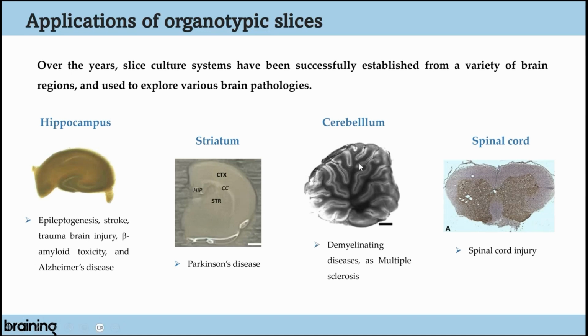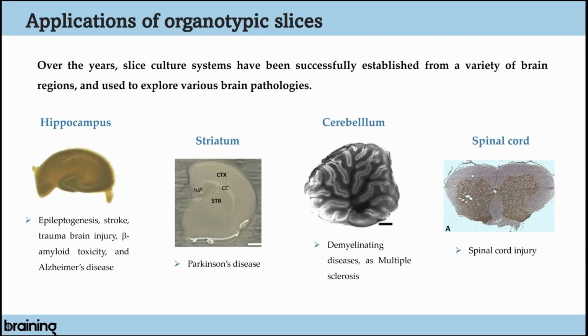Regarding cerebellum slices, they have been used quite often to study myelinating diseases, as is the case of multiple sclerosis. And also spinal cord organotypic slices are often used to study phenomena related to spinal cord injury.